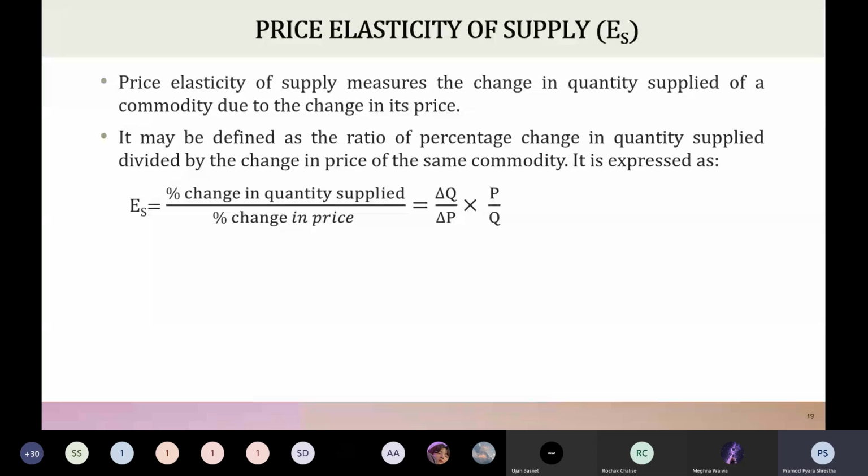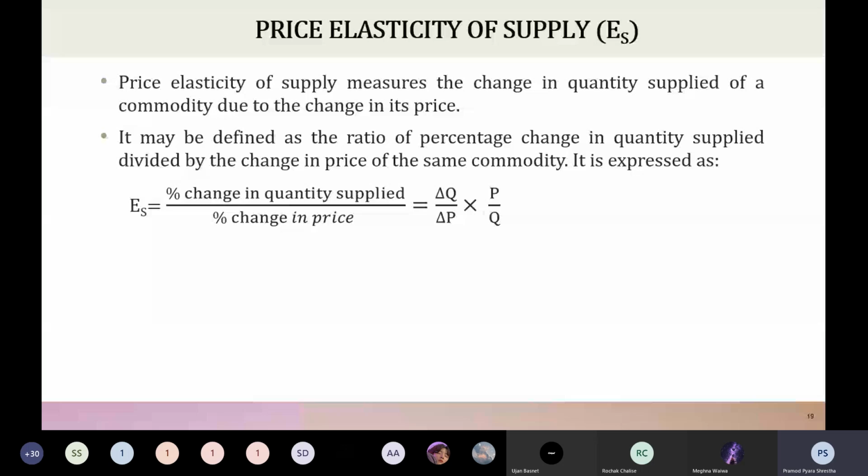And the next one is delta Q by Q upon delta P by P, as in elasticity of demand. And the final step is delta Q by delta P into P by Q. Here you cannot use the negative sign because there is a positive relationship between price and quantity supplied. So price elasticity of supply is always positive.